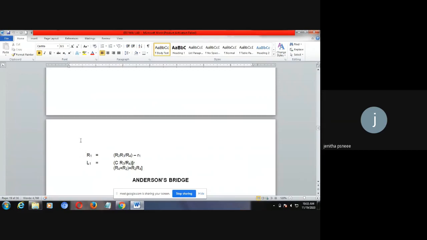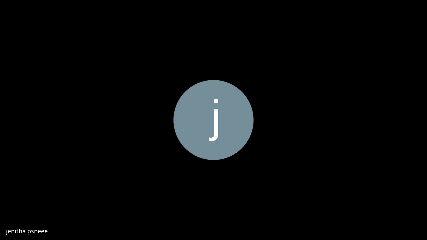If you set this in the circuit, you will find the balancing point in the detector. You can understand better when I show you the virtual lab demo at the end. Now we can go to the other part. These are the things that come under bridges.